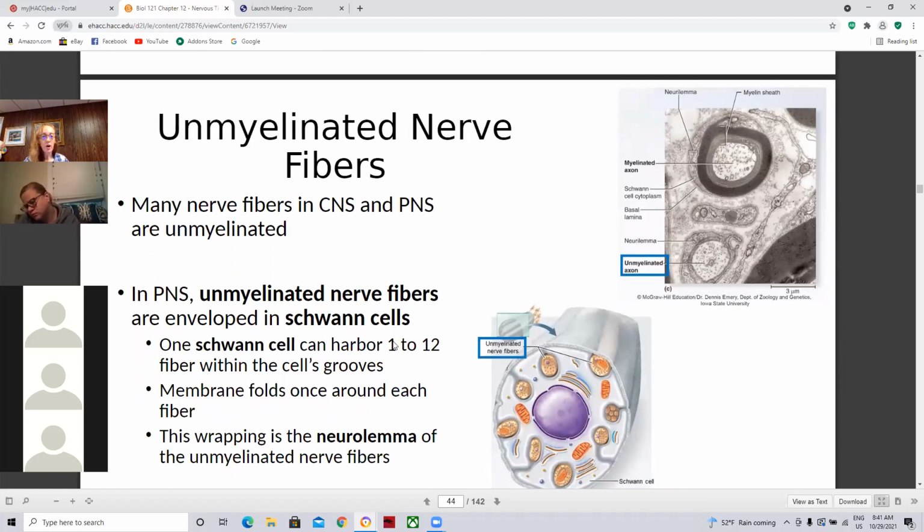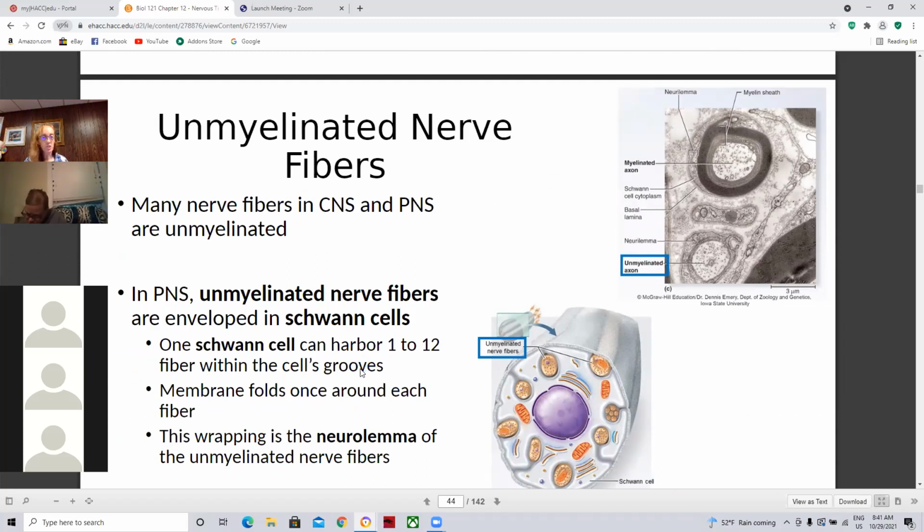A little bit more about this. We have myelinated nerve fibers and we have unmyelinated nerve fibers. Many nerve fibers in the central nervous system and peripheral nervous system are unmyelinated. Well, what's the overall structure for these unmyelinated nerve axons?